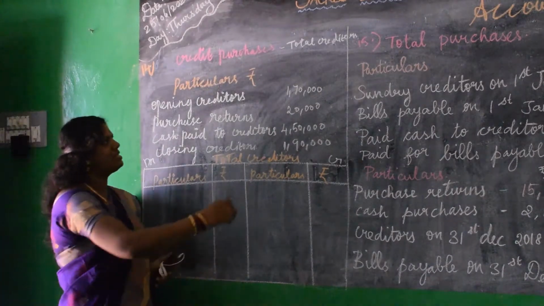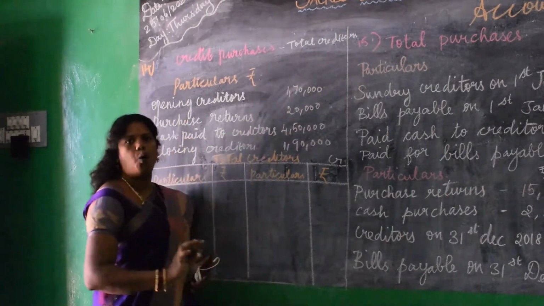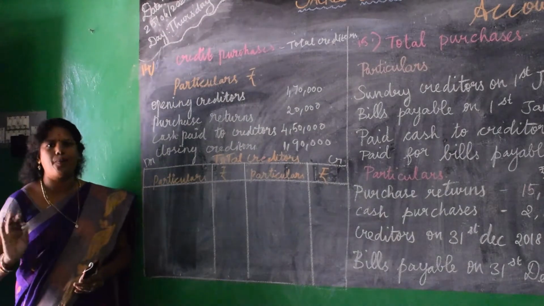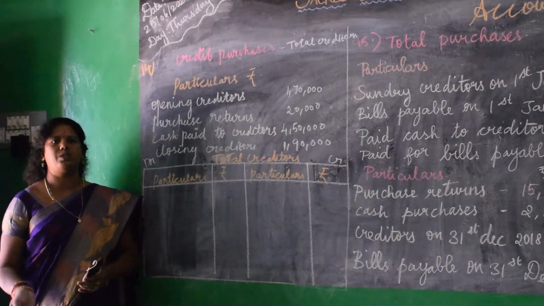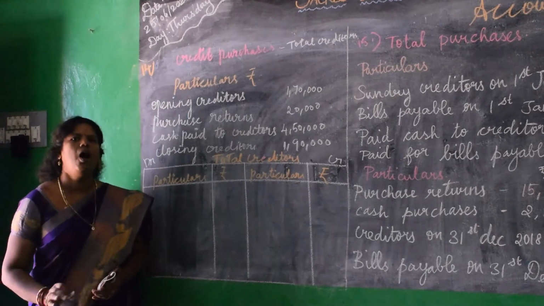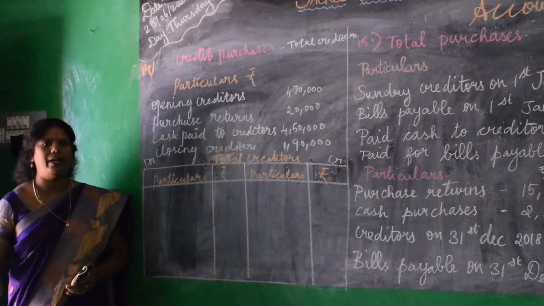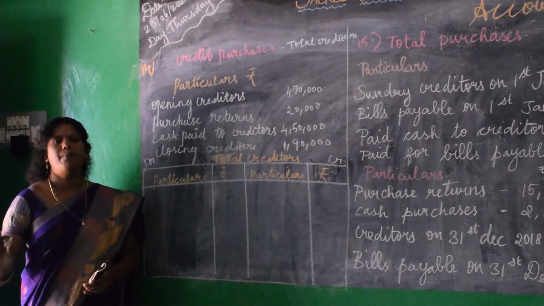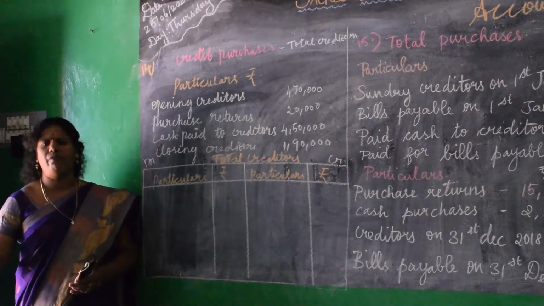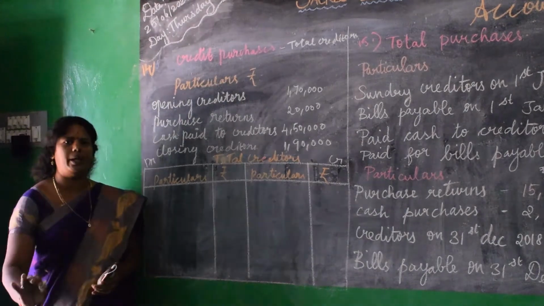Now, creditors. As a business people, we also want some products. We will purchase some products. As we discussed earlier, we don't put all the money in the business. We keep some money for rotation, so we purchase some products on credit.